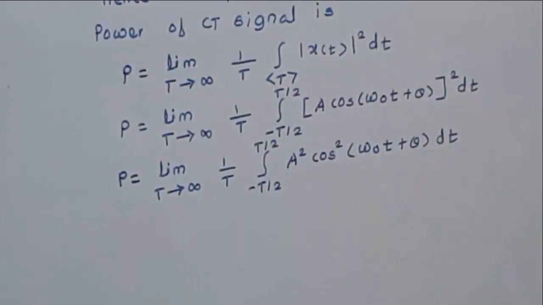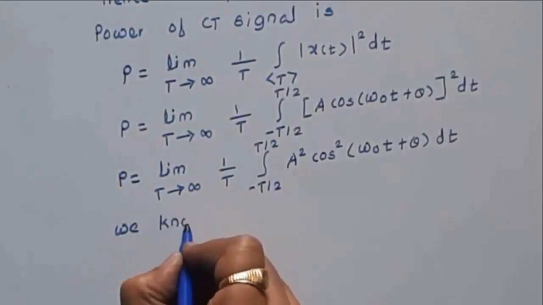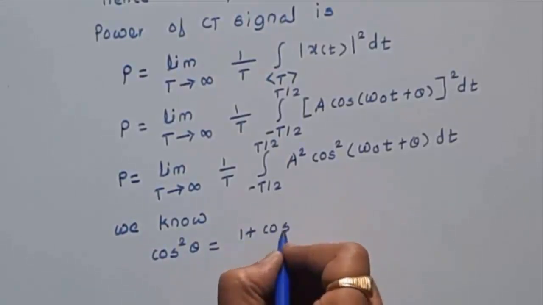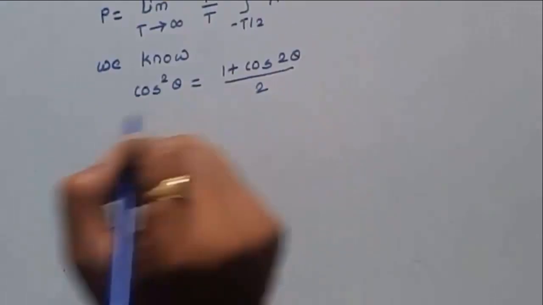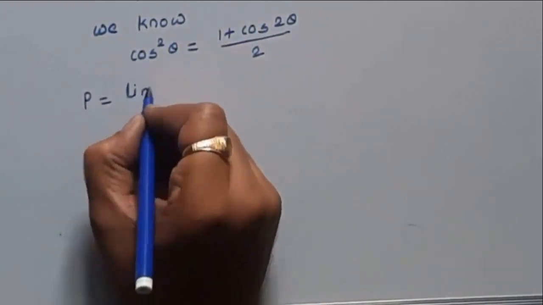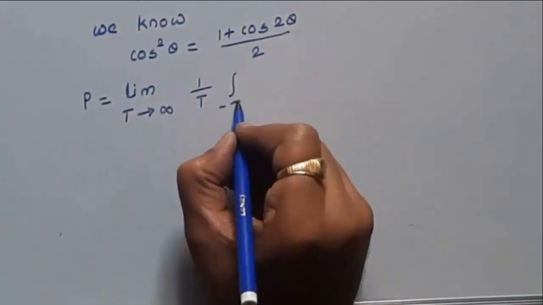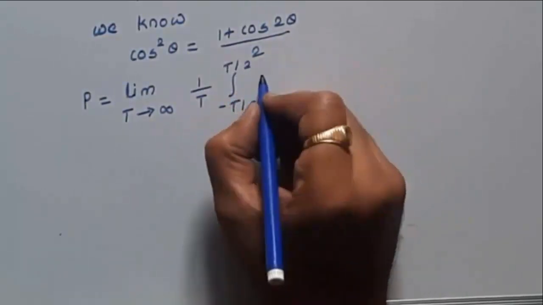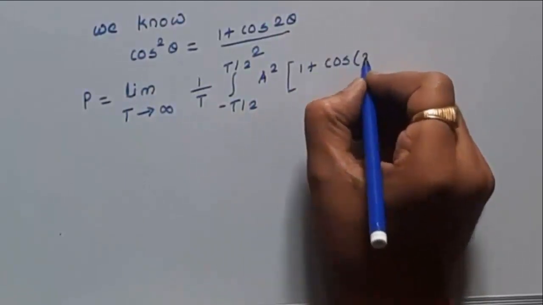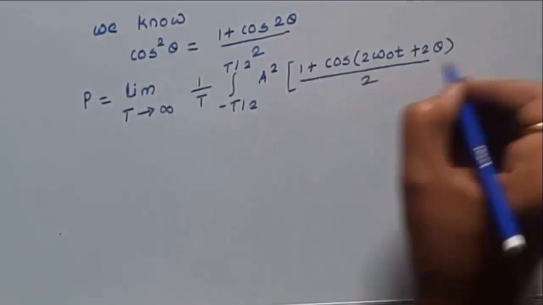Now to simplify the cos square term, we will use the standard equation of cos square theta. We know that cos square theta is equal to (1 plus cos 2 theta) divided by 2. So using this equation, we will simplify the previous step, that is limit T tends to infinity of 1 upon T integration minus T by 2 to plus T by 2 of a square into the cos square term replaced by (1 plus cos of (2 omega 0 t plus 2 theta)) divided by 2.